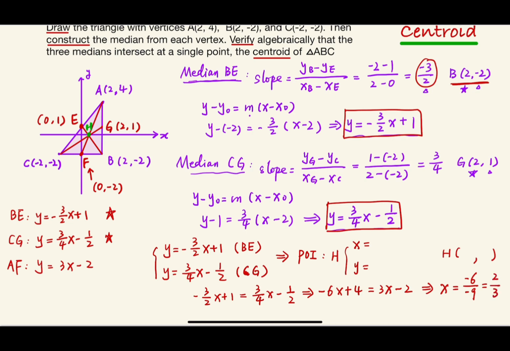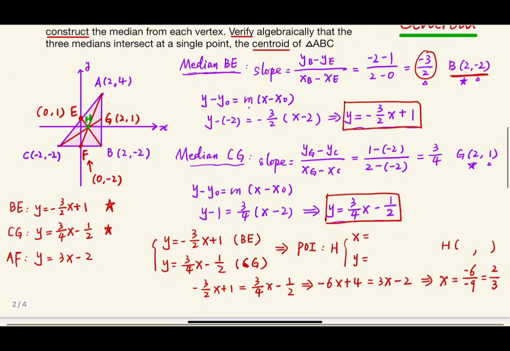2/3. Okay, then we just need to plug in this number back into this equation or this equation to figure out y. So we get y equal to negative 3/2 times 2/3 plus 1. Then we can get y equal to 0.